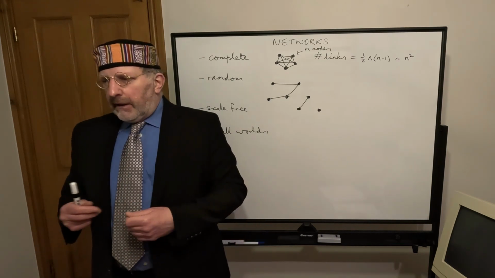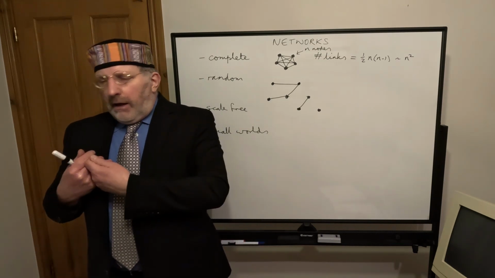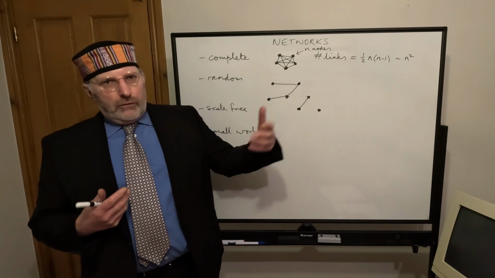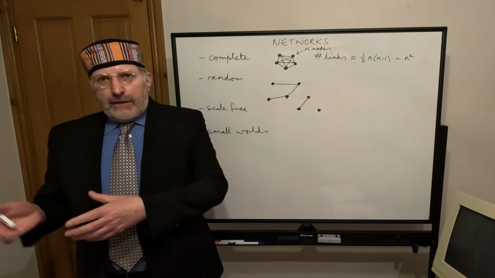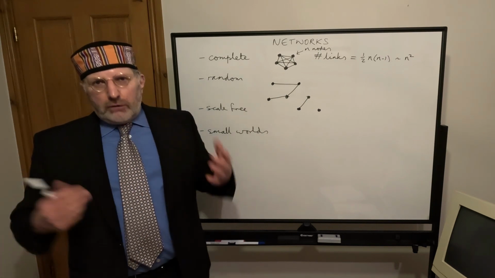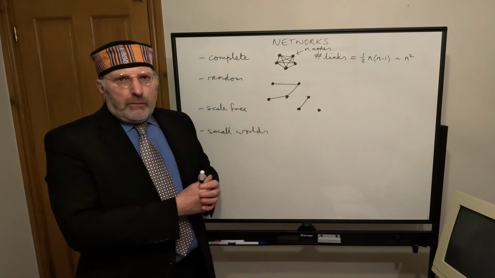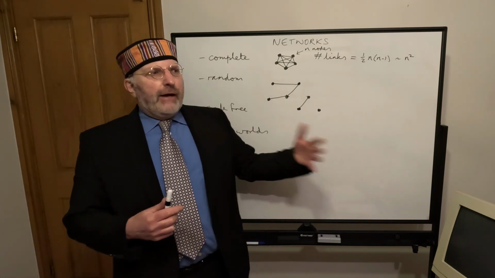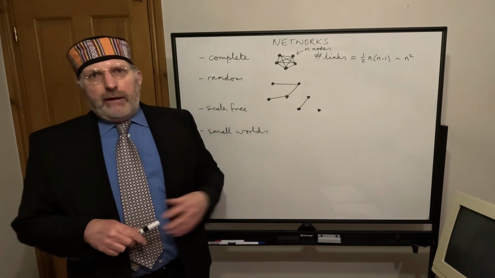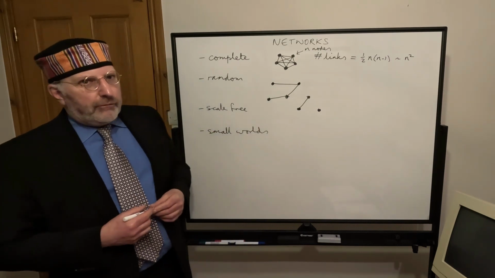So he did that by giving people a package that they had to get to a named person who they didn't know, and they had to go through their own contacts. So the first person passed it to someone they thought might know, and then that to the next person, and so on. And he found supposedly that it was on average about 6 steps.